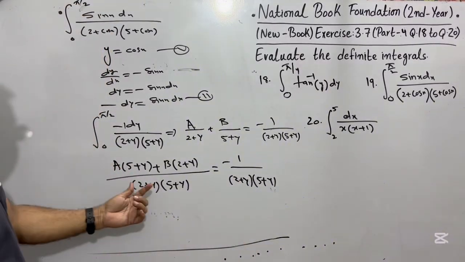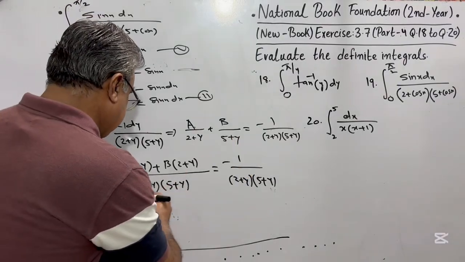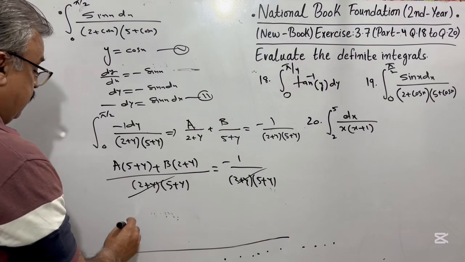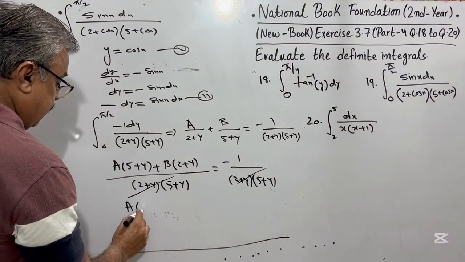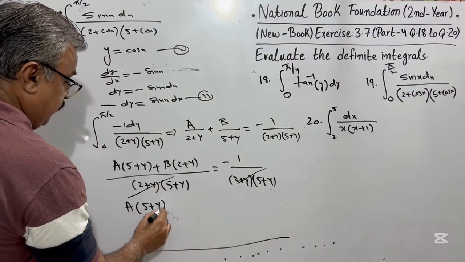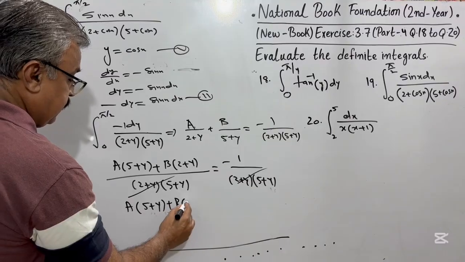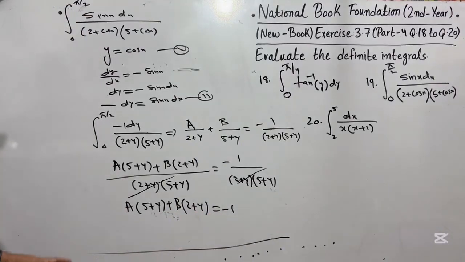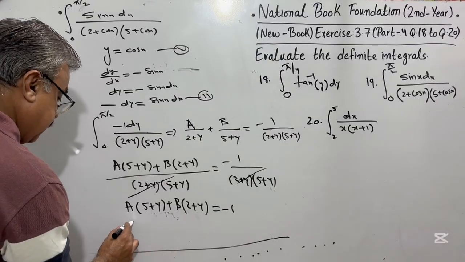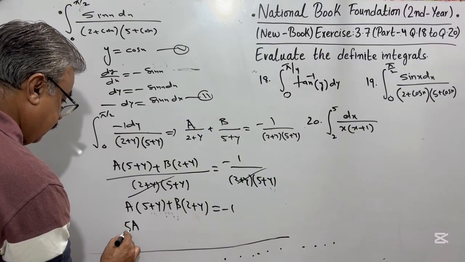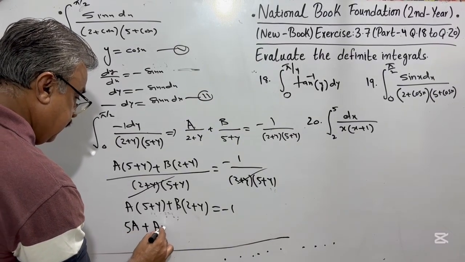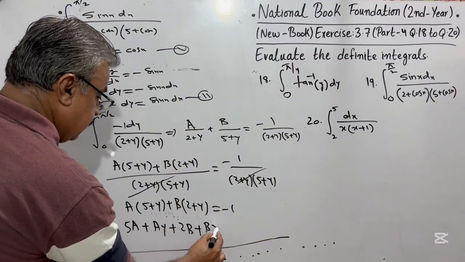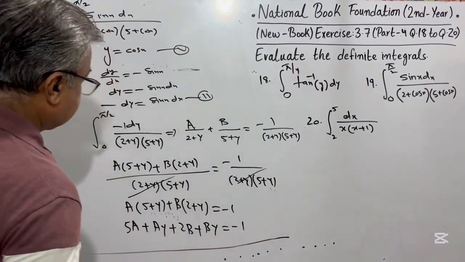The (2 plus y)(5 plus y) can be cancelled out, saving us from laborious work. A times (5 plus y) plus B times (2 plus y) is equal to minus 1. Multiply and compare the like terms, it will become 5A plus Ay plus 2B plus By is equal to minus 1.